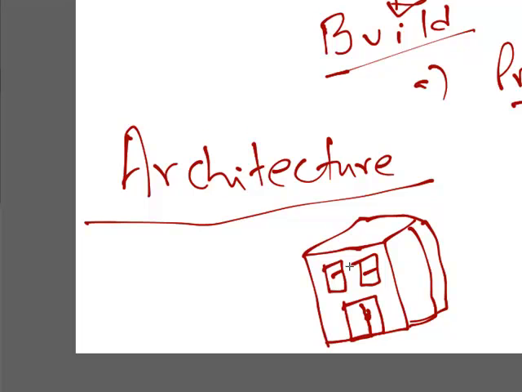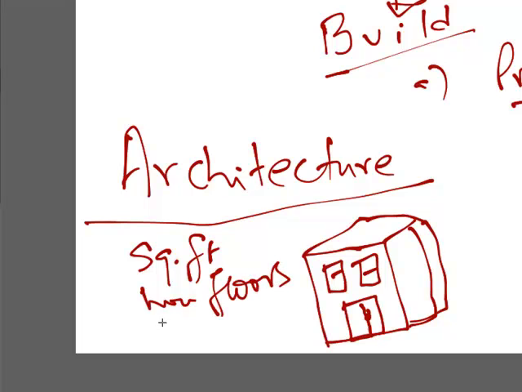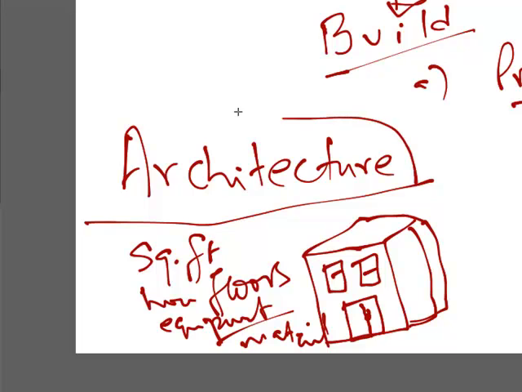What do you want to know about this house? Basically, you want to know about the architecture of the house: what is the square footage, how many floors have been built, what kind of equipment or material rather is used, all that kind of stuff. That's what you're talking about with architecture.